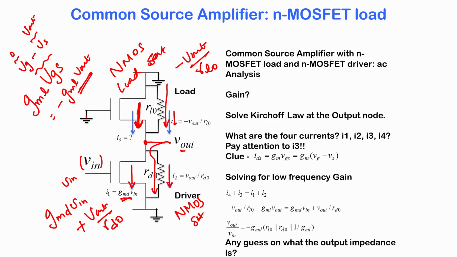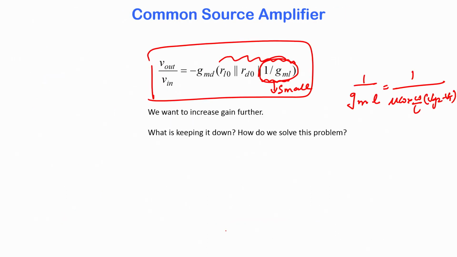Okay. So, let us use Kirchhoff's law. The total current through this branch here is this, and the total current through that node there is that, and by equating these two you end up with a gain that looks like this. So, the gain has got GMD, which is the driver, multiplied by a parallel combination of these 3 resistors.